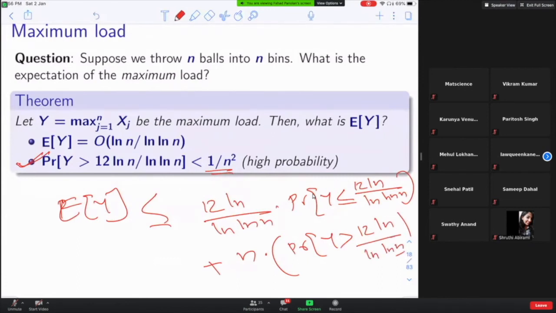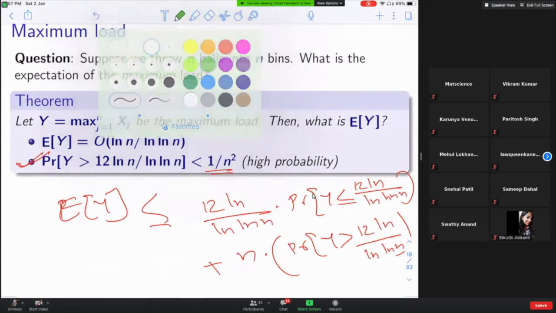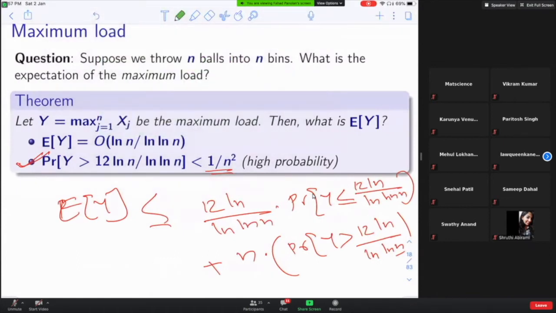Is this clear to you? Here I put at most. Is this part clear? This equation?